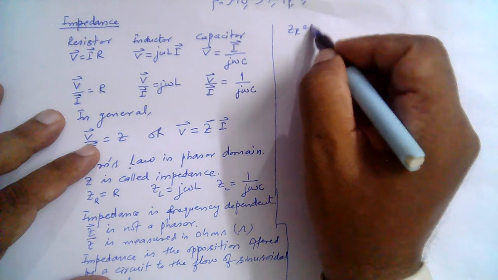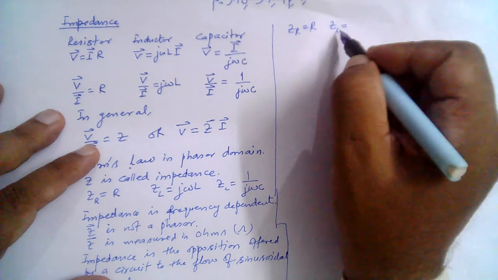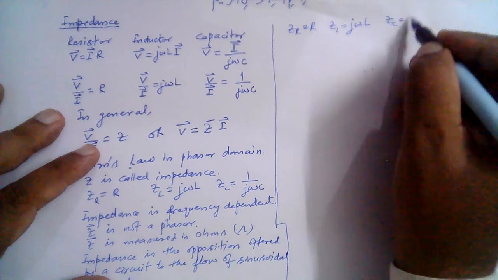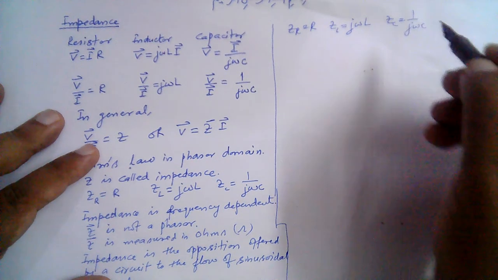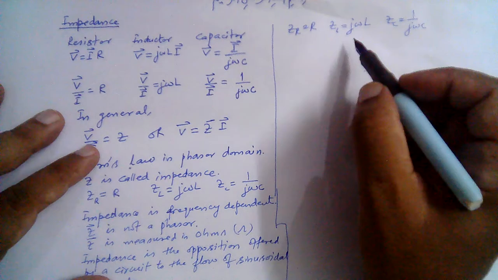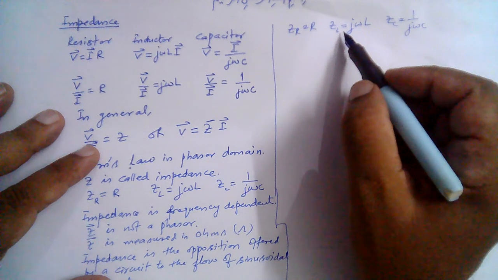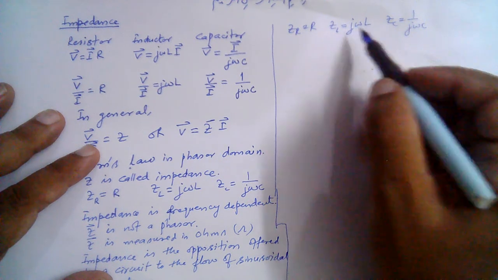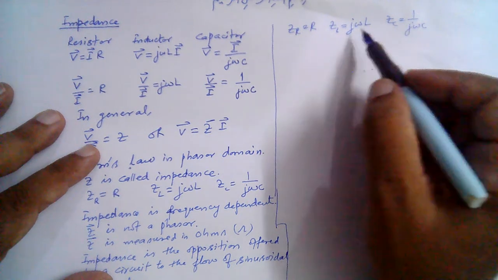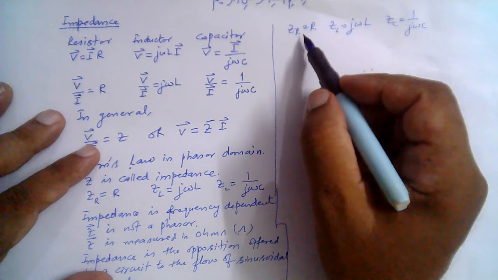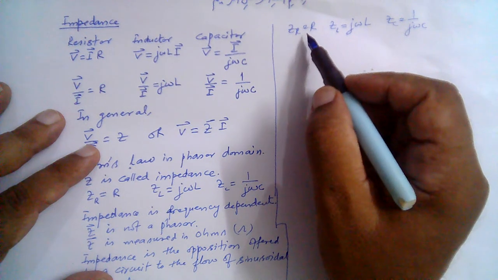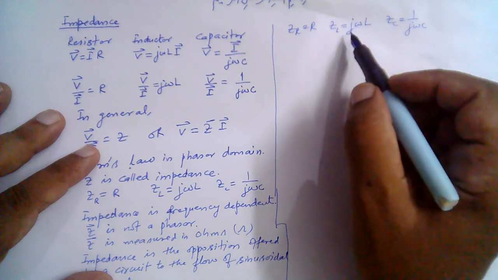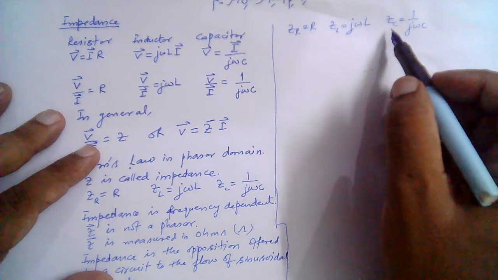ZR is equal to R. For the inductor, the impedance is given by J omega L, and for the capacitor, it is given by 1 over J omega C. So the opposition to the flow of current offered by an inductor or a capacitor will vary with the frequency. This is not the case with the resistor. The resistor is insensitive to frequency. Its opposition remains constant. But for the inductor and capacitor, the opposition changes with the frequency.